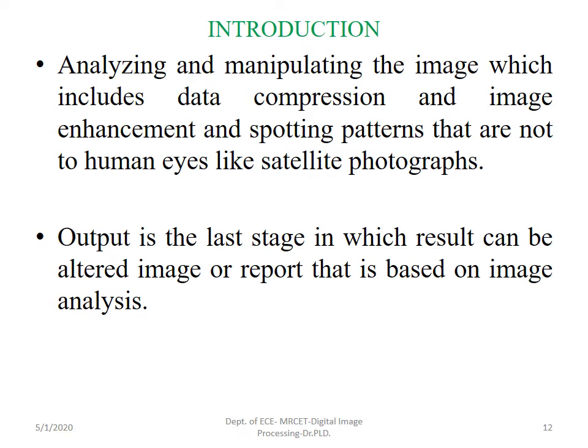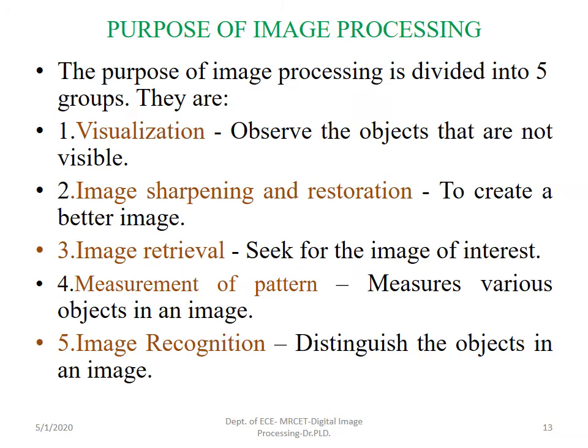Whatever type of processing we are doing on input images, finally, based on application, we can extract the information from the processing. It may be an image, attributes, characteristics, or some features of images that we can extract through this processing method.